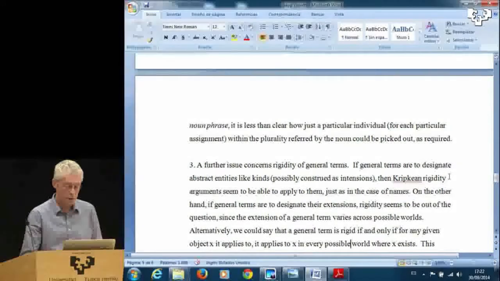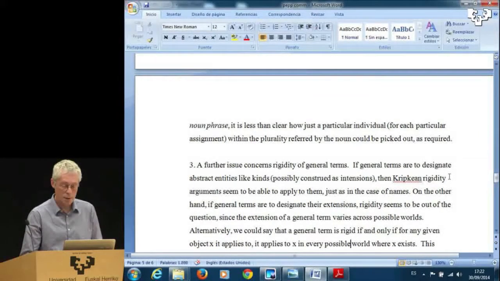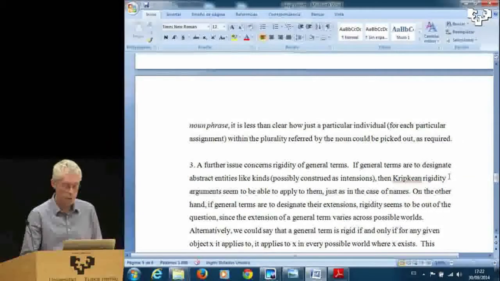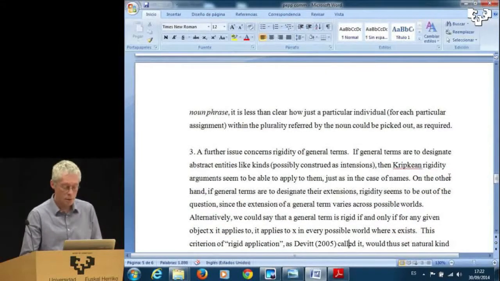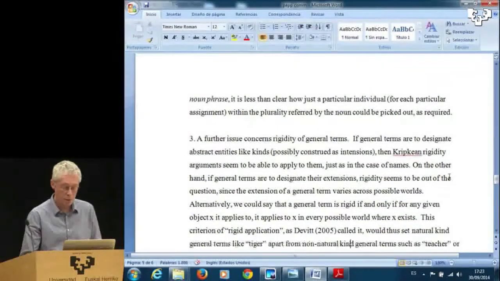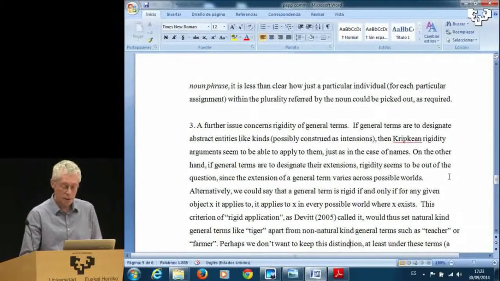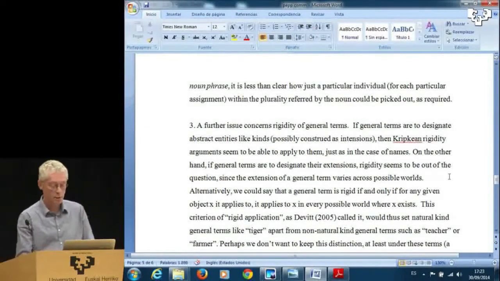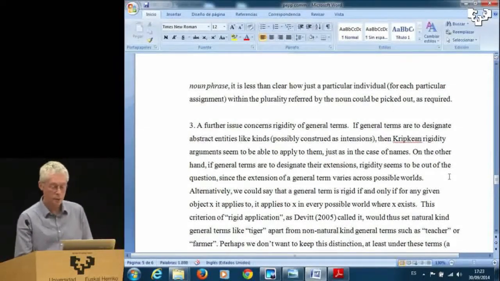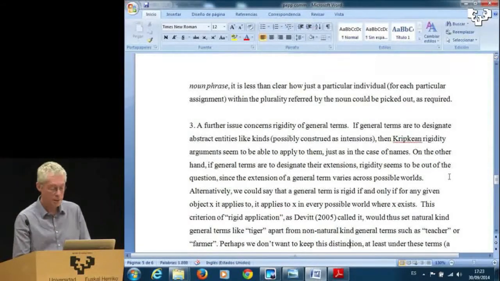On the other hand, if general terms are to designate their extensions, rigidity seems to be out of the question, since the extension of a general term varies across possible worlds. Alternatively, we could say that a general term is rigid if and only if, for any given object X, it applies to X in every possible world where X exists.